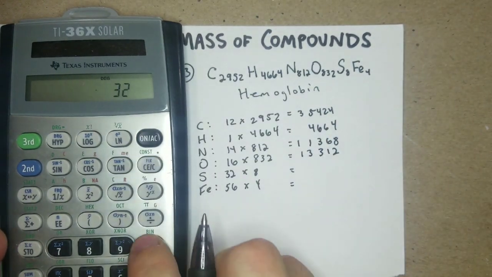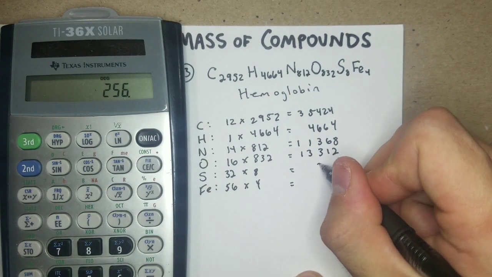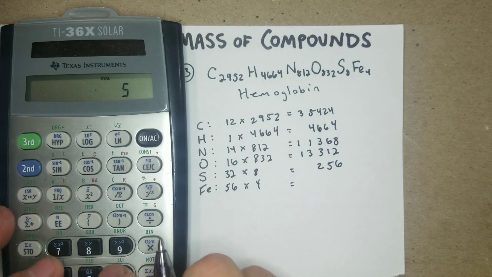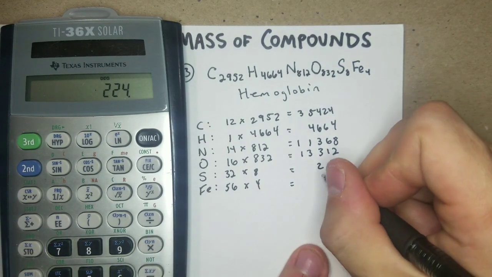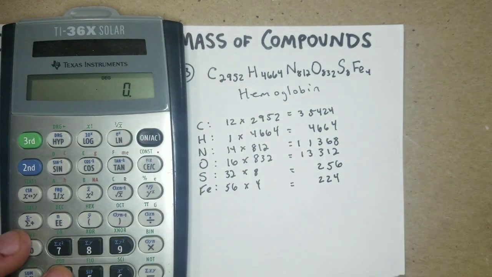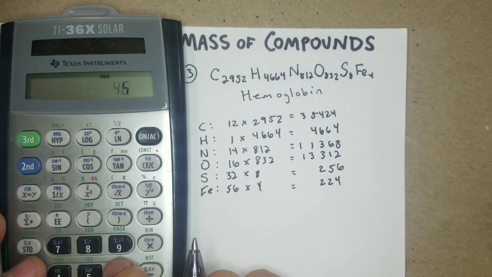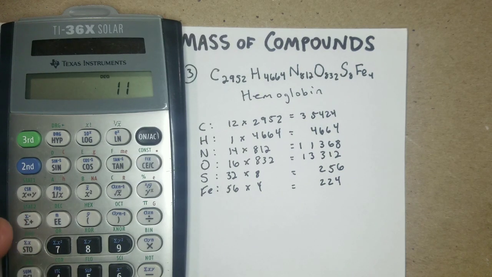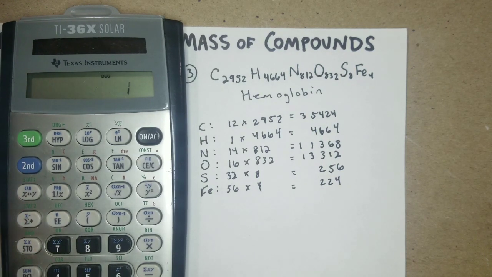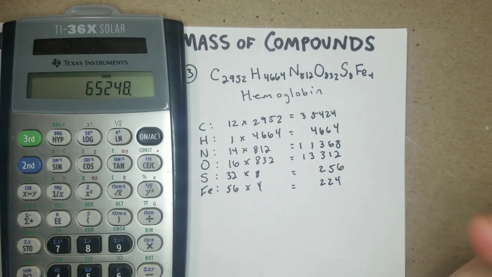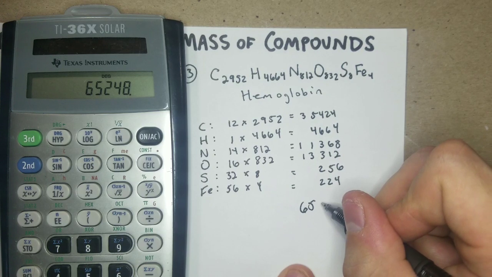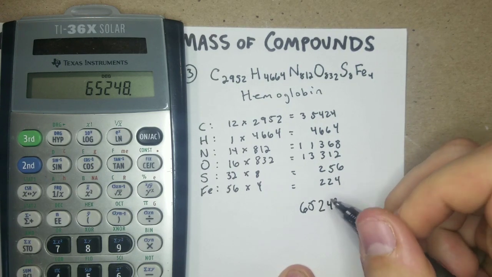Then we have 32 times 8, 256. And 56 times 4, 224. Just add those up. 35,424 plus 4,664 plus 11,368 plus 13,312 plus 256 plus 224 equals 65,248.